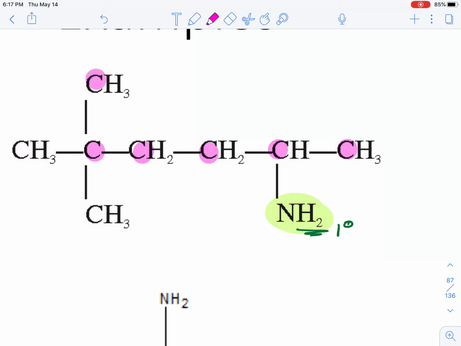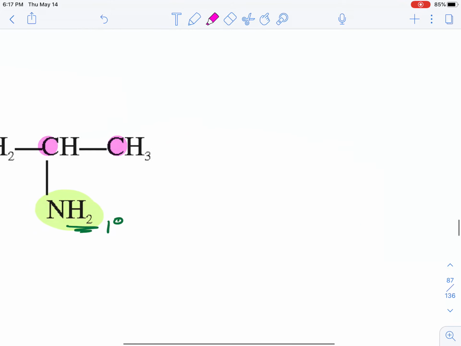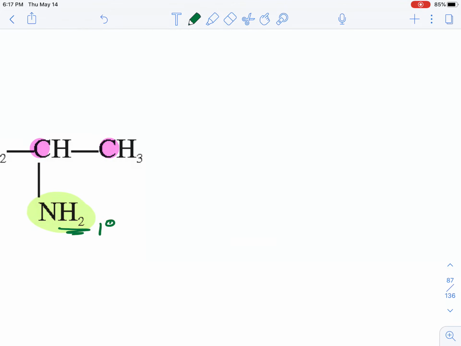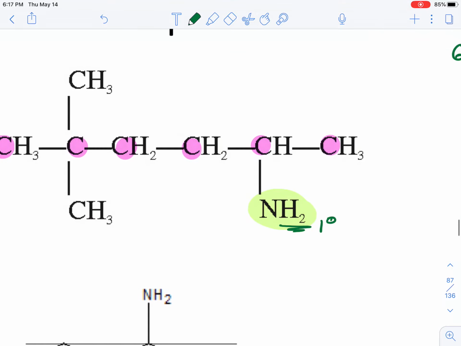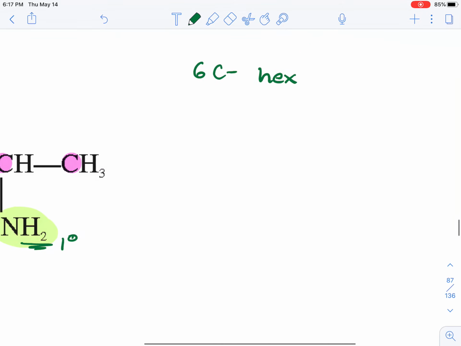So in this scenario, it doesn't really matter if I choose the CH3 at the top, on the left-hand side, or at the bottom. They're all going to give me 6 carbons. So I know that a 6-carbon chain is going to have a prefix of hex. They're all single bonds, so this is going to be hexane. I'm going to cancel this out. So this is going to be hexanamine.